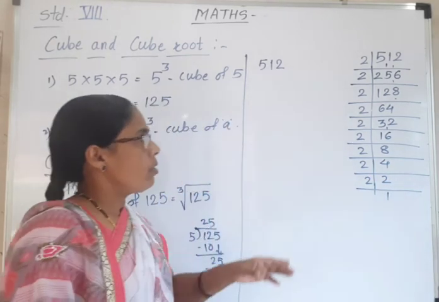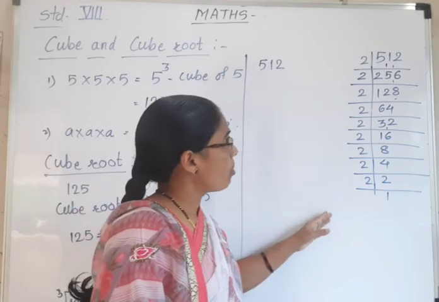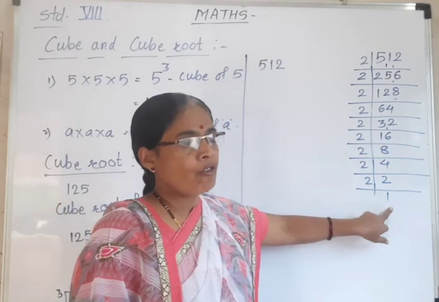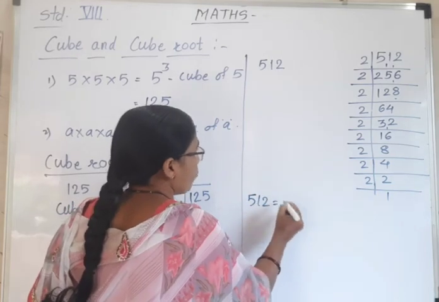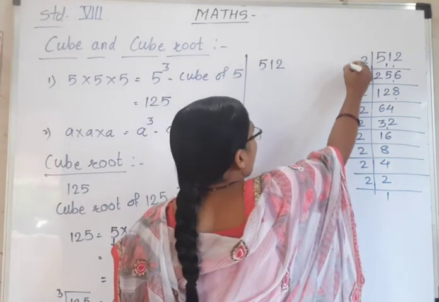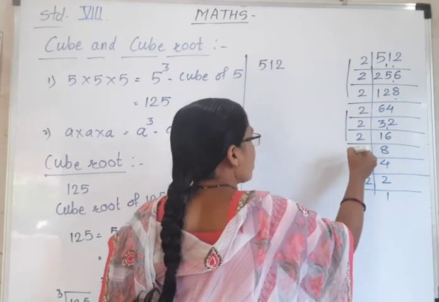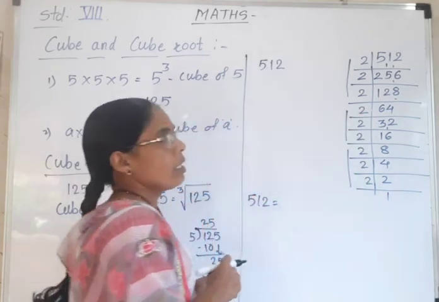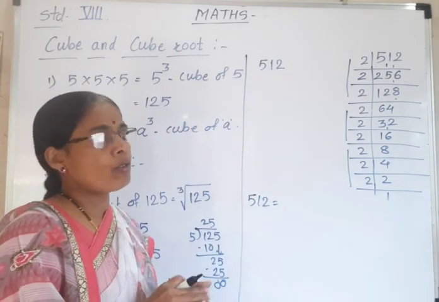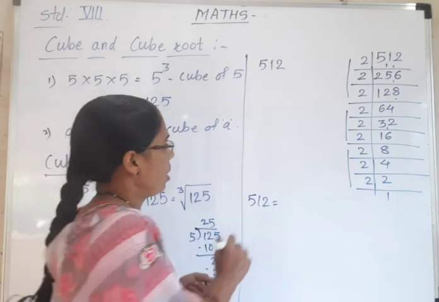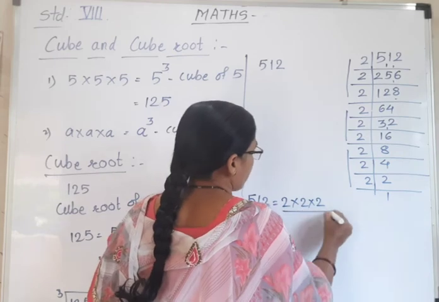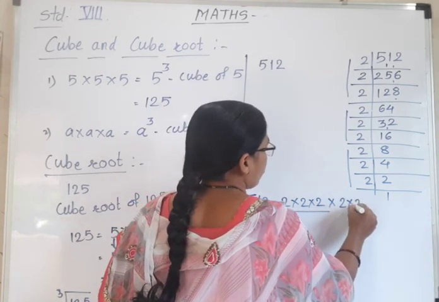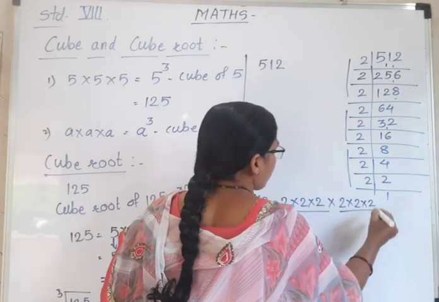Now here you have to write the factors of that number till you get 1. So 512 we can write now. 512 is equal to 2 into 2 into 2 into 2 into 2 into 2 into 2 into 2 into 2. Now I am making groups of 3 same numbers. So 2 into 2 into 2, this is the first group. Again 2 into 2 into 2, this is the second group.